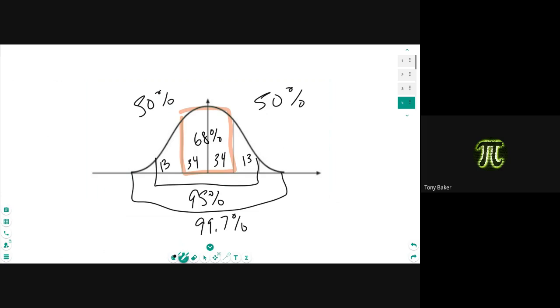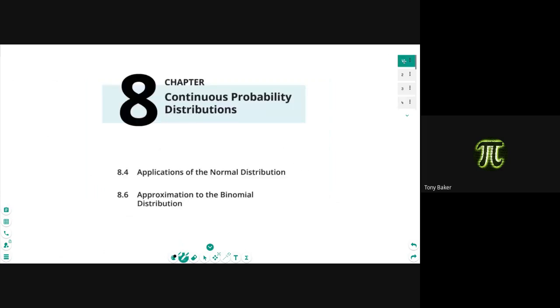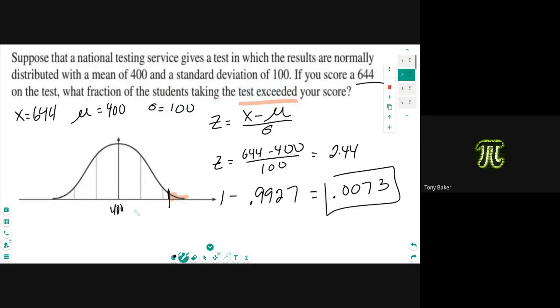Yeah. One, you subtracted from one. Is that just because of the problem we were working? Yeah. So this one, we wanted this side over here, and the table is always giving you from here over. It's the complement.